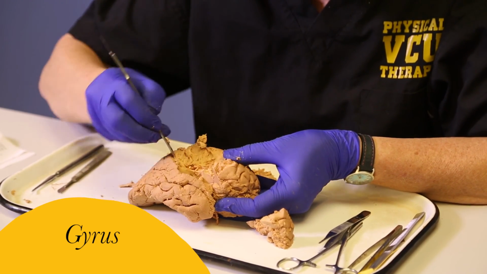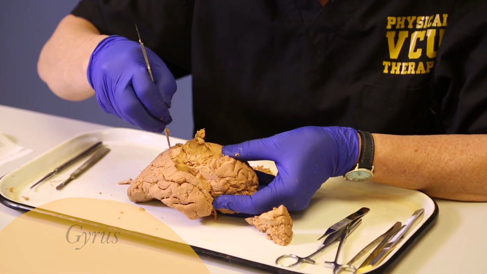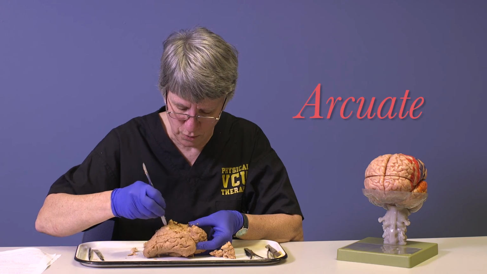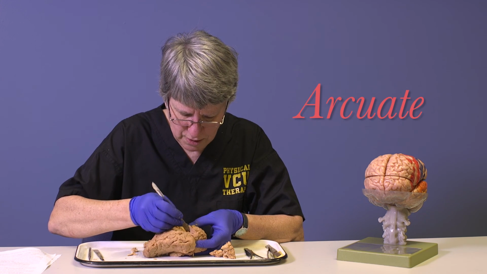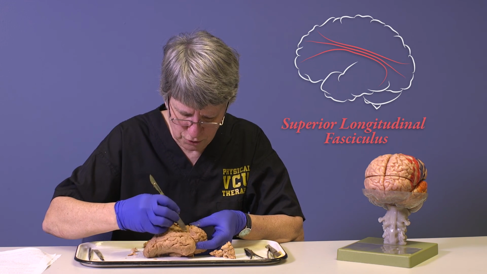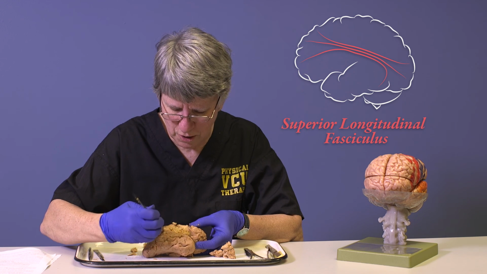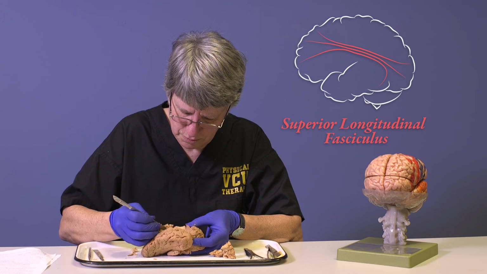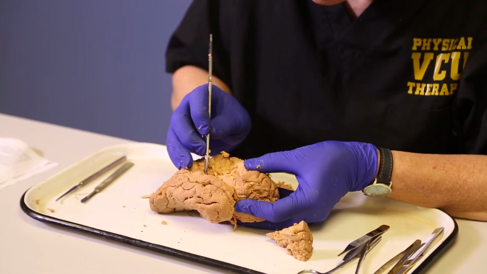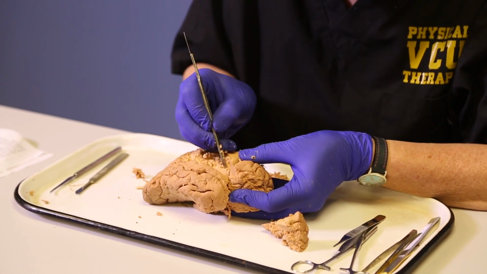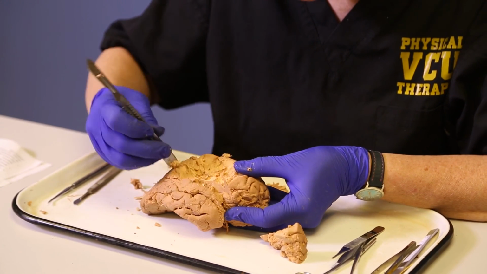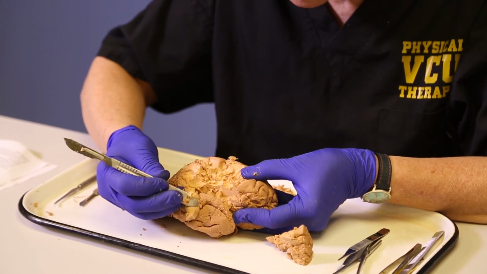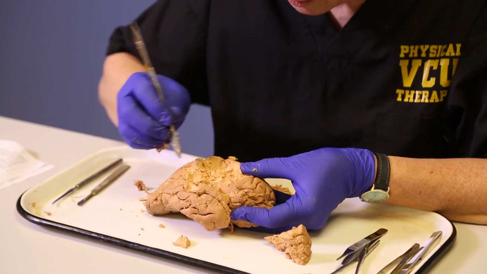So they just loop around the corner, around the sulcus, and those are called arcuate fasciculus. Sometimes the superior longitudinal fasciculus is also called an arcuate fasciculus because of its arc shape, going all the way back here and on down into the temporal lobe, curling back around.